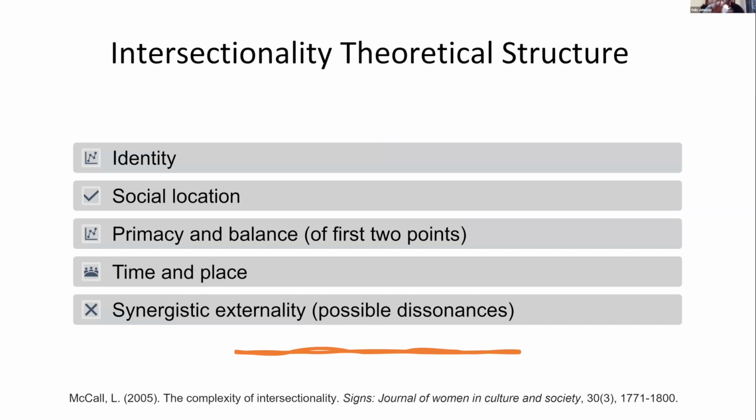So intersectionality, theoretical structure then. I think we now can kind of bring all this together, right? There's identity, there's social location, there's the primacy and balance, right? Which one is prime, which is secondary, tertiary, and the balance of those things. There's time and place, and then there's the synergistic externality, which could bring about possible dissonances too, because we can't assume all those social locations or components in your matrix here are similarly valenced, right?